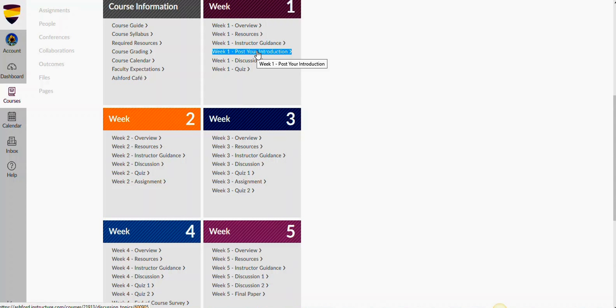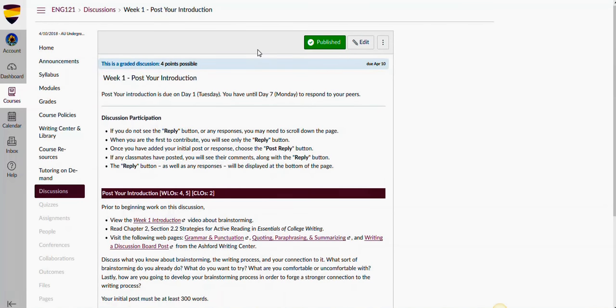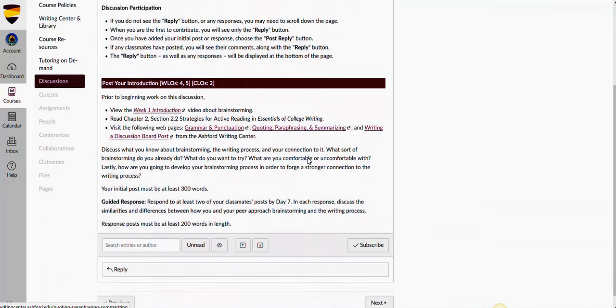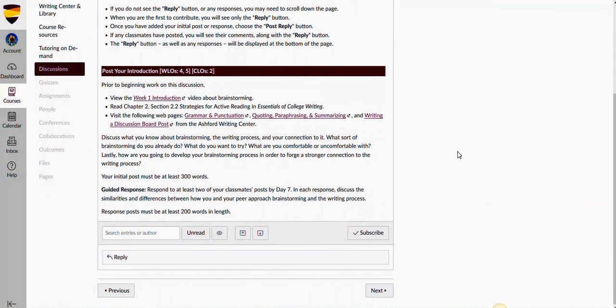You need to respond to every single student during week 1 that posts in the poster introduction, but it's not your typical, who are you, why are you here, what do you hope to get out of this class type of thing. It's forcing them to have a connection right from the beginning with the writing process and interact with the theme of that week.